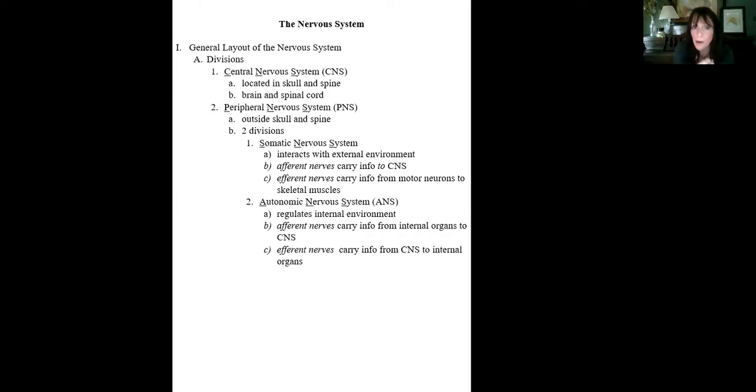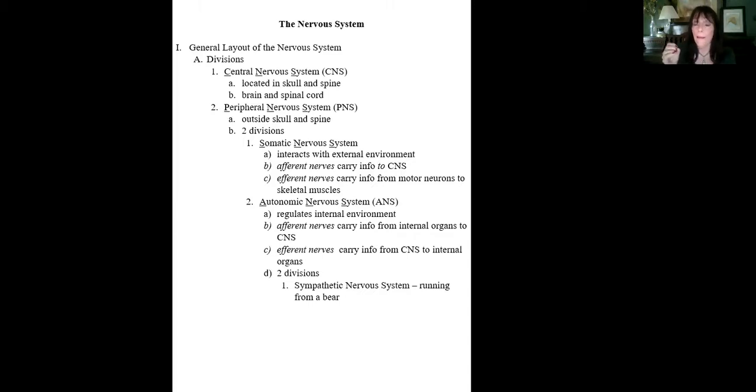And here, think about afferent nerves. They need to affect the CNS, right? So afferent nerves carry information from those internal organs, we can even just say your stomach, to your CNS. And then efferent nerves carry information from the CNS to internal organs. So you have this loop within your body.